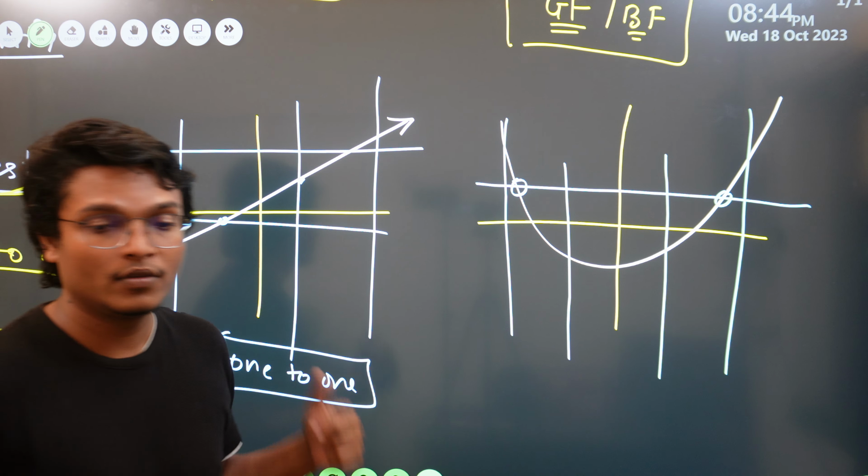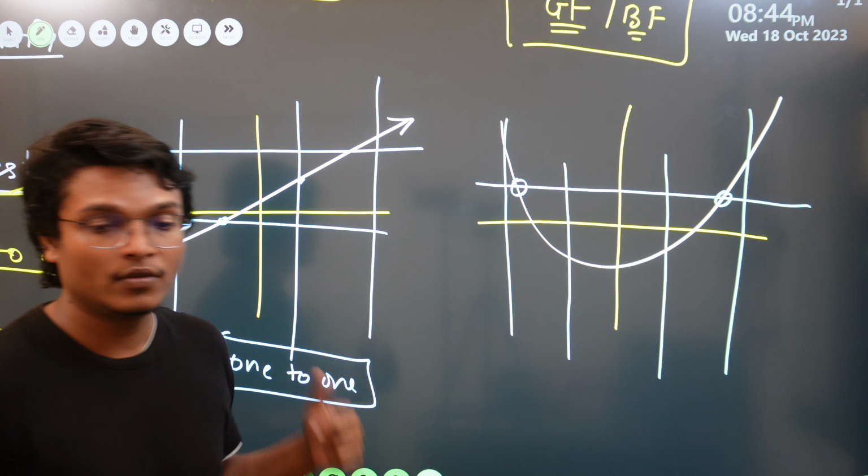Now let us understand it in the form of examples. If I have taken y equals x cube as one example, and y equals x square as another example, here I am taking two different inputs. Let's say I take x as -2 and x as +2.